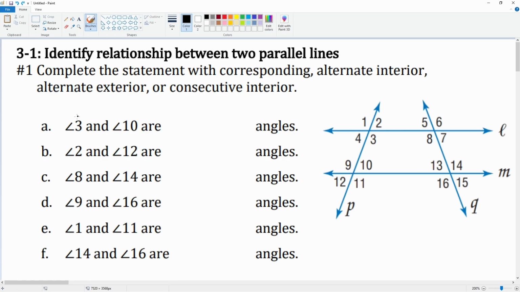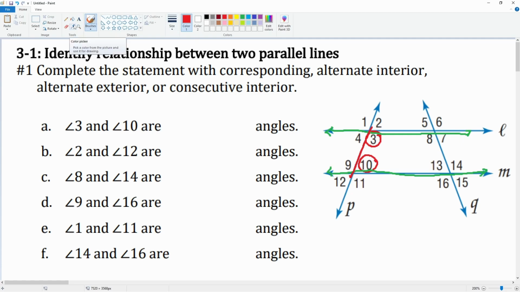Let's take a look at angle 3 and angle 10. I'm going to color code it so we can see that better. We have 3 here and we have 10 here. Notice that this is the parallel line that it is looking at. So these are both on the inside. The fact that they're on the inside, notice they're also inside on the same side as the transversal.